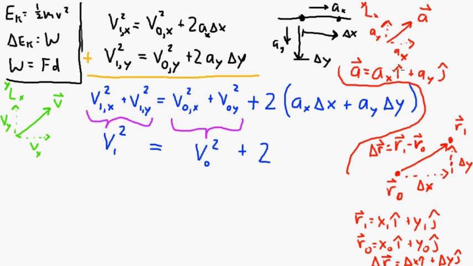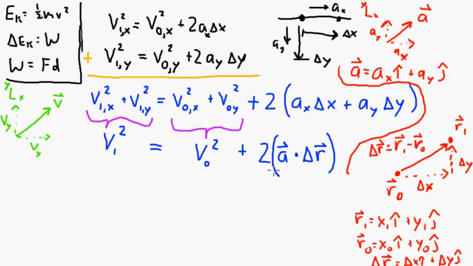Because you take the i hat component, ax, and the i hat component here, delta x, multiply them together, there's that term. And you take the ay and the delta y, multiply them together, and there's that term. So what this ends up being is 2 times the acceleration vector dotted with delta r.